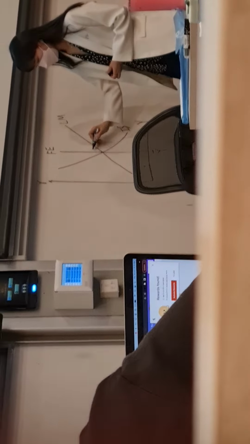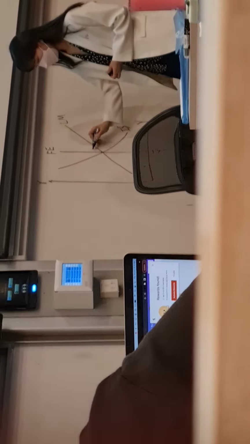Now, suppose the productivity declines, and we call it an adverse supply shock or negative supply shock. Then what happens to the economy? So first, which market is affected? Labor market, yes. So the labor market is affected.